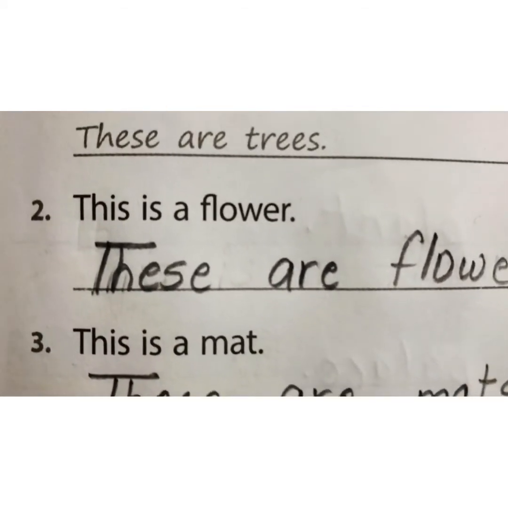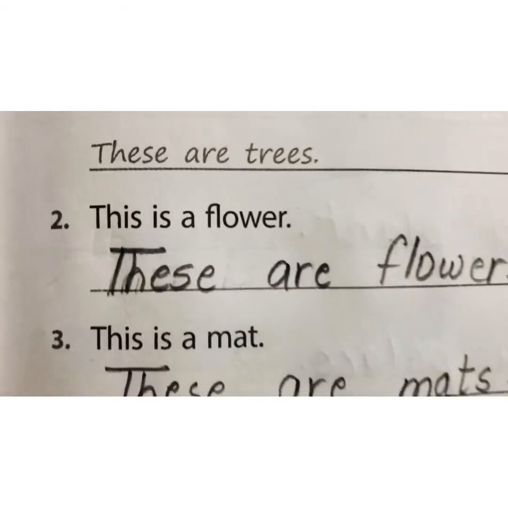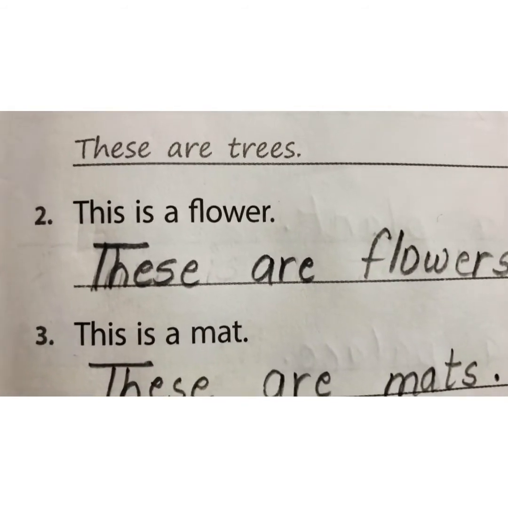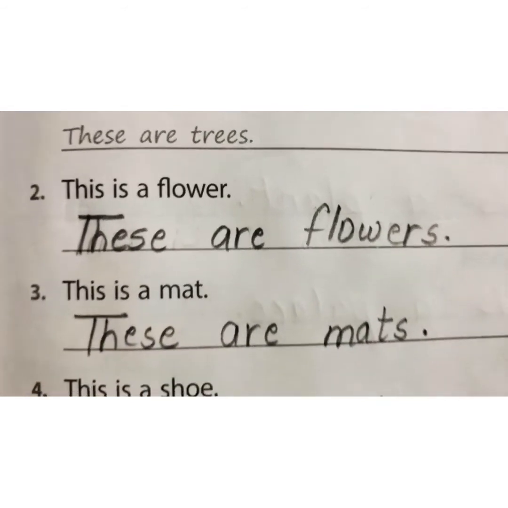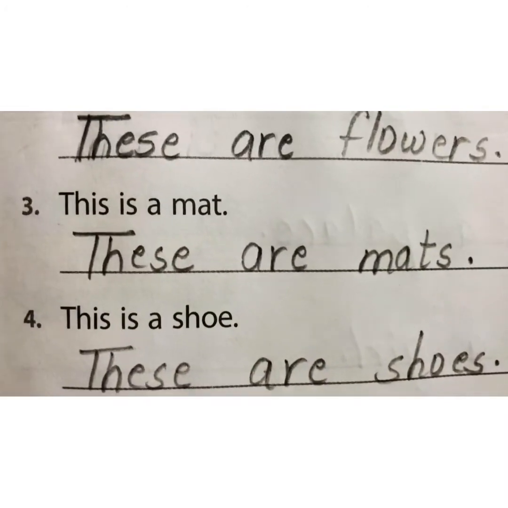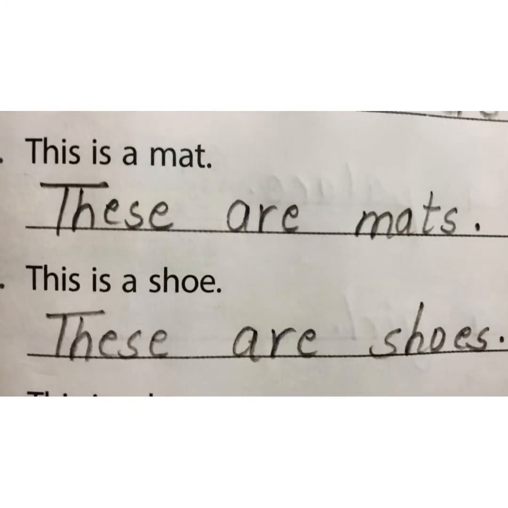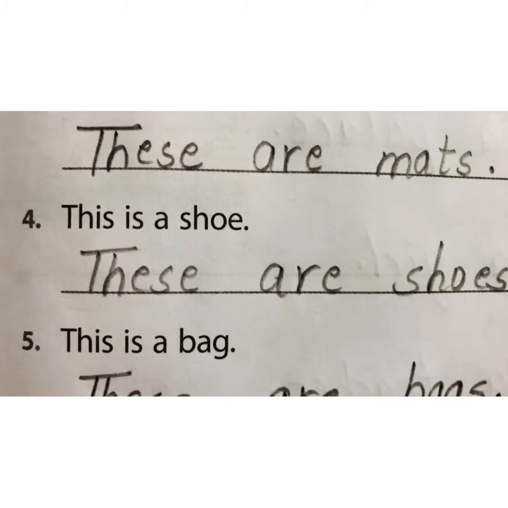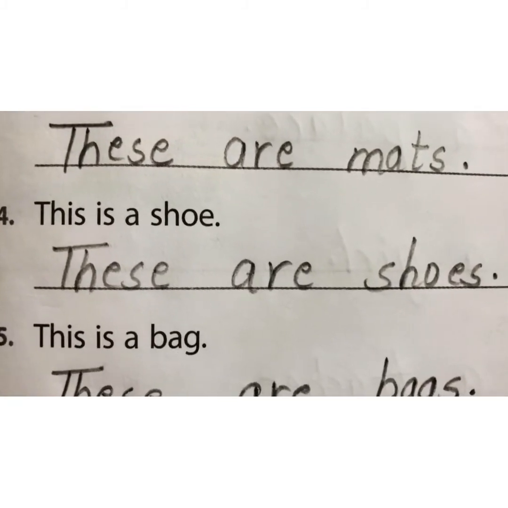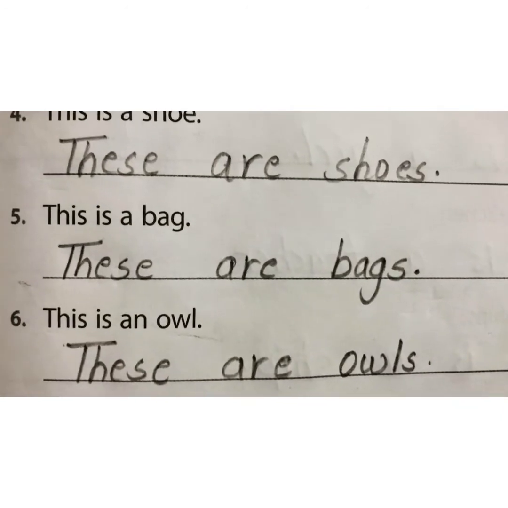Second, this is a flower. In place of this, we will write these are flowers. This is a mat. These are mats. Similarly, this is a shoe. These are shoes. Again, this is a bag.